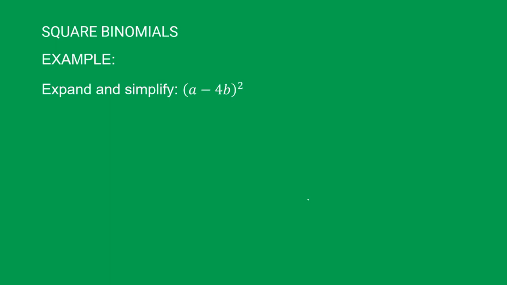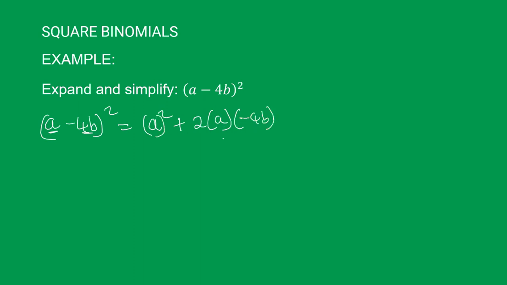Let's do another one. Now we have a negative, so it's (a - 4b) squared. We square the first term, it's a squared. Then plus 2 times first term times second term, so 2 times a times negative 4b. Take note of the signs there.